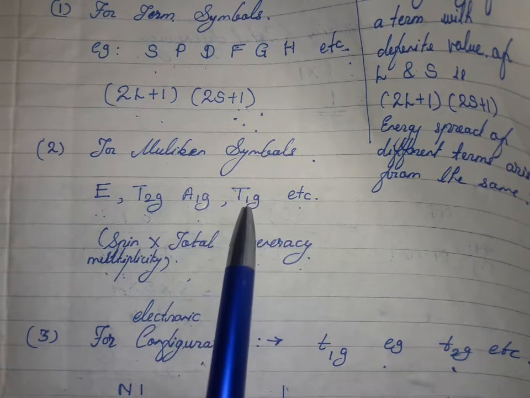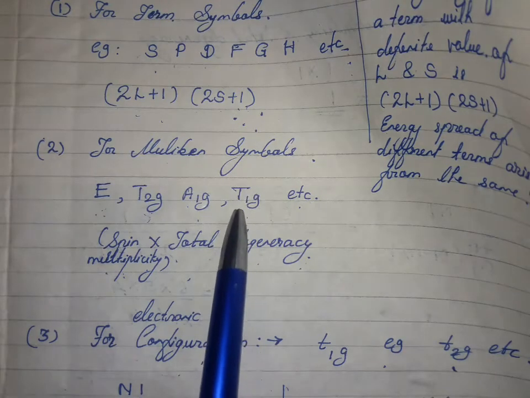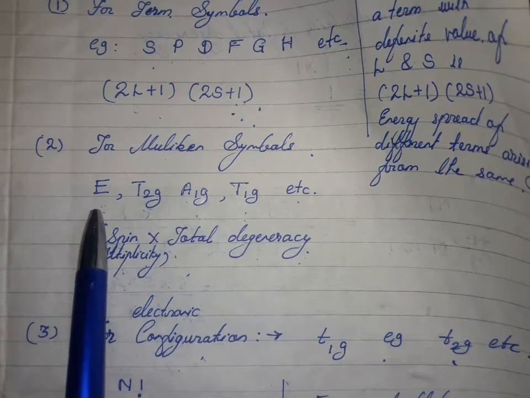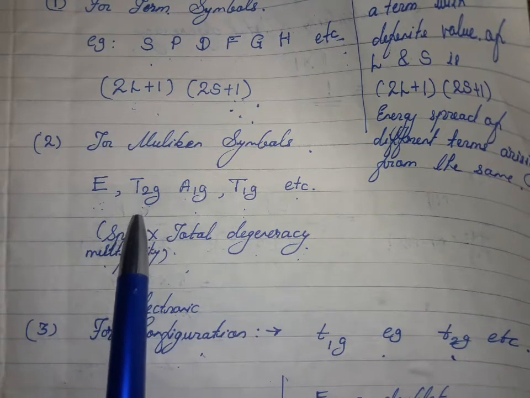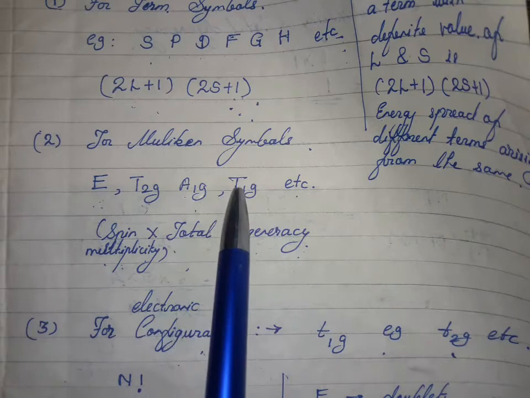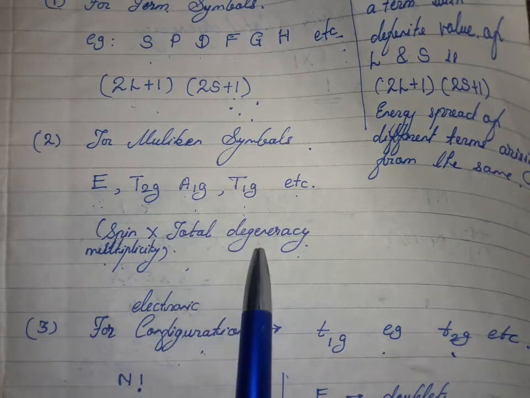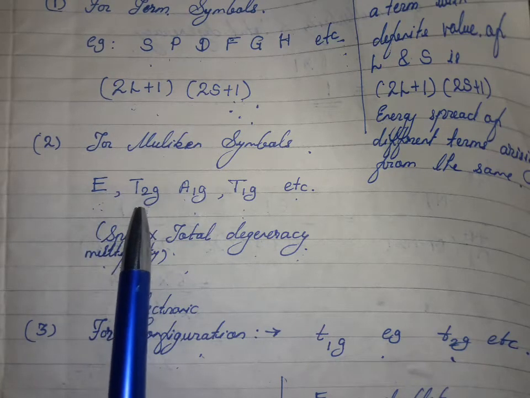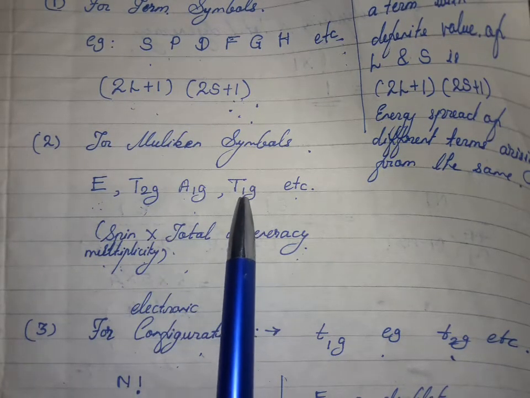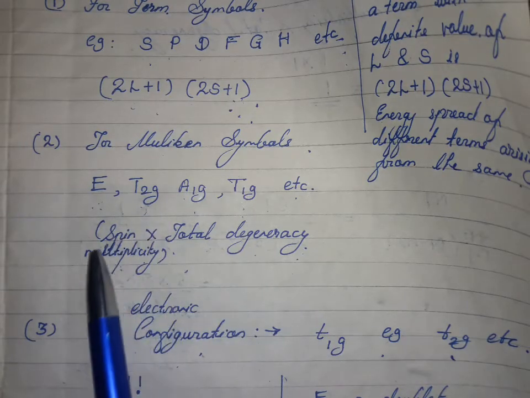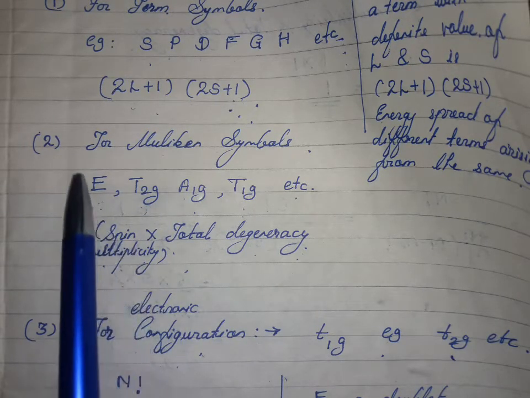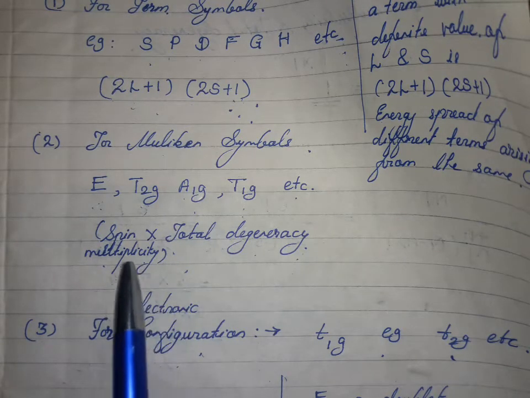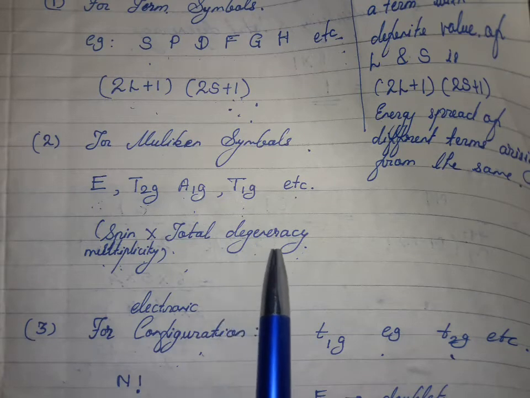T1G is also triplet, so its total degeneracy is 3. This one is a doublet, this is a triplet, this is a singlet, and this one is again a triplet. So we use the formula spin multiplicity, or spin coupling, into total degeneracy to calculate degeneracy for Mulliken symbols.